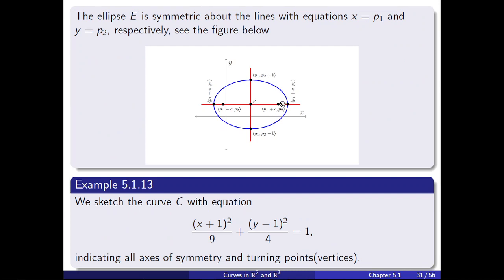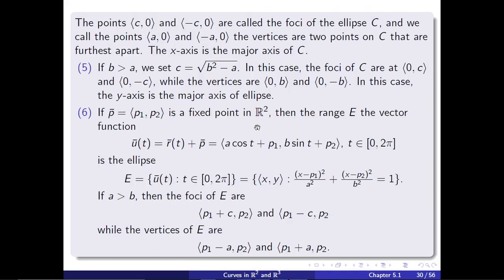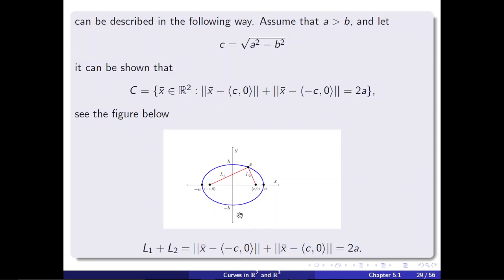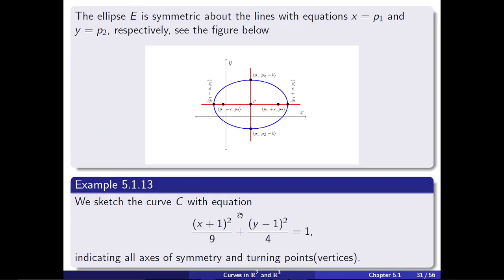So (p1 plus c, p2) is that one, (p1 minus c, p2) is that one, and then the vertices are those ones, I think, right? (p1 minus a, p2) and (p1 plus a, p2), right? Okay, these ones, right? So therefore, that is what we have.